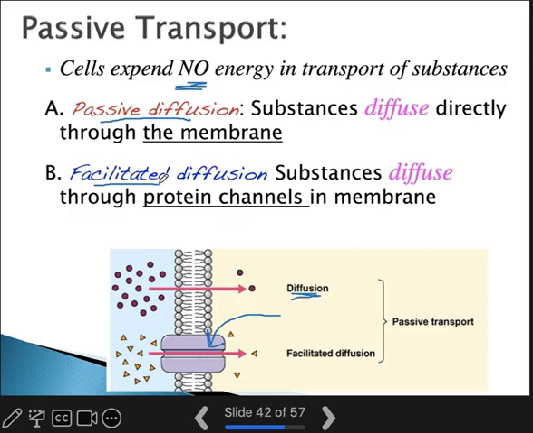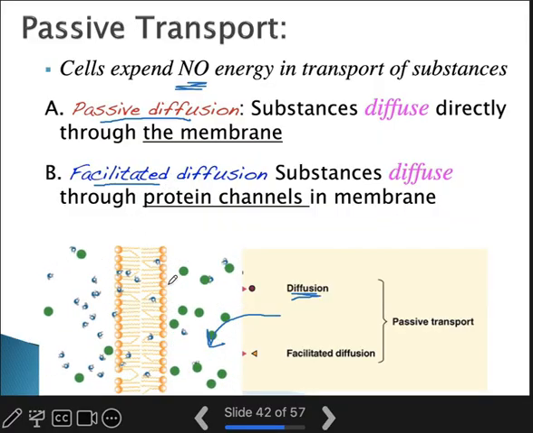An example of this would be our aquaporins. So water doesn't normally move through the cell membrane on its own. It's going to need a channel. All cells in the body actually have aquaporins. So water is then going to be able to freely diffuse according to concentration gradients as long as the channels are present. So that'd be an example of what we call facilitated diffusion.